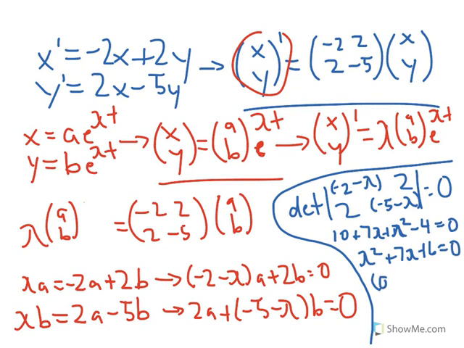And factor this to clean this up: lambda plus 1 times lambda plus 6. Now this implies that our non-trivial solutions have lambda equals negative 1 and lambda equals negative 6. Now these two are our eigenvalues for our system.